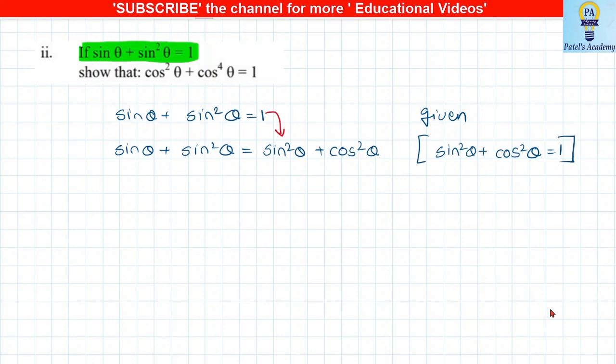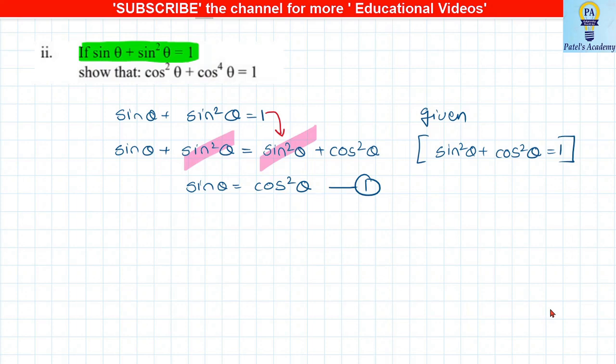Instead of 1, I'm writing that. Now what I see is that on either side we have sine square theta, so instead of shifting, I can just remove this. So I get sine theta equals cos square theta. I'll mark this as 1. This is the result I got from what is given to us.